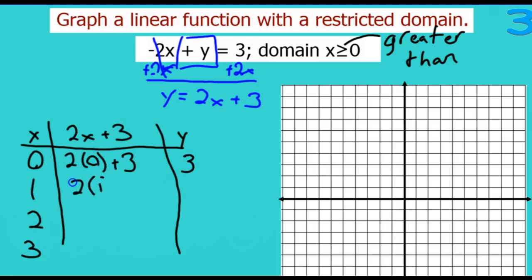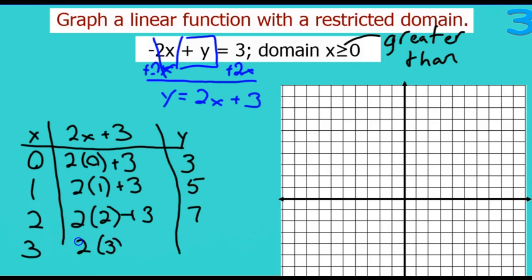2 times 1 plus 3. 2 times 1 is 2, plus 3 is 5. 2 times 2 plus 3. 2 times 2 is 4, plus 3 is 7.